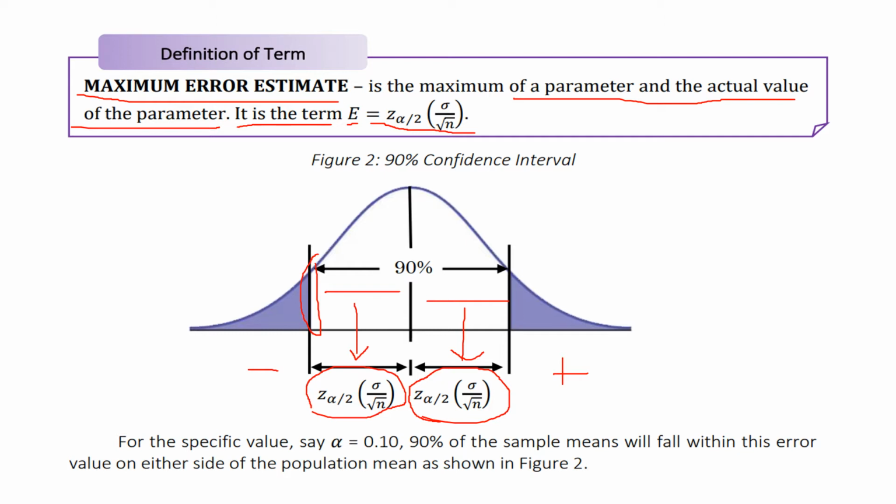So for the specific value, if alpha is equal to 0.10, then 90% of the sample means will fall within this error value on either side of the population mean, as shown in figure 2.